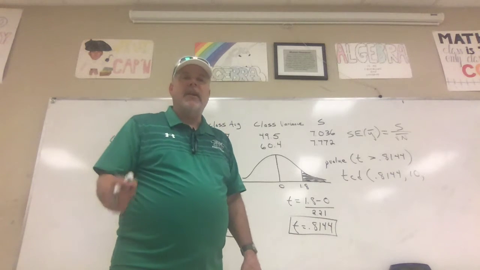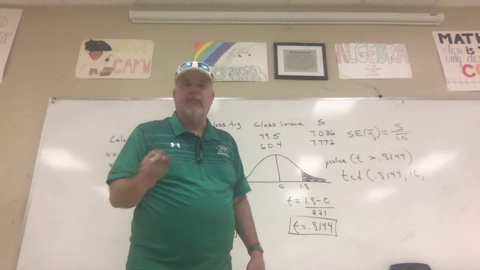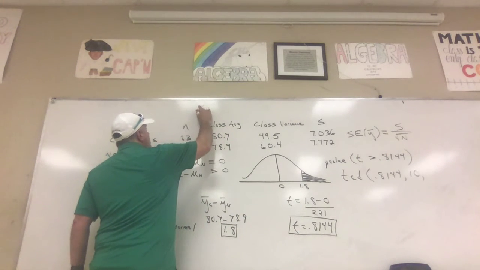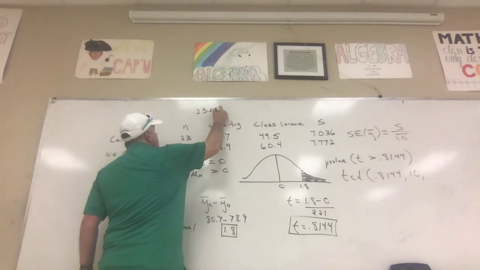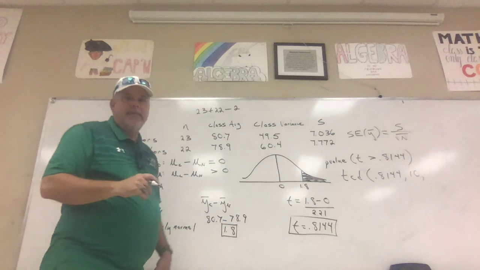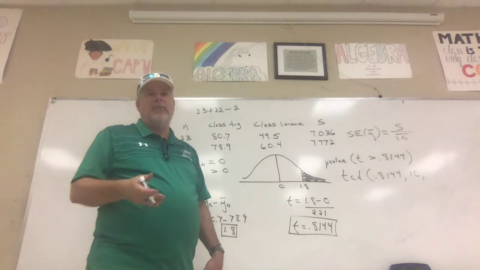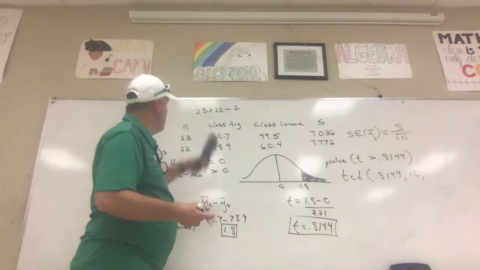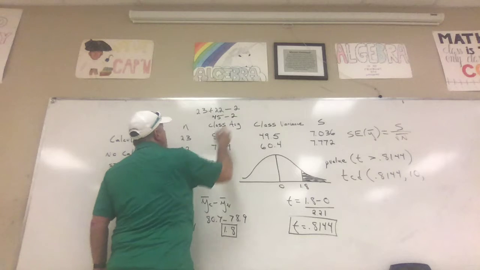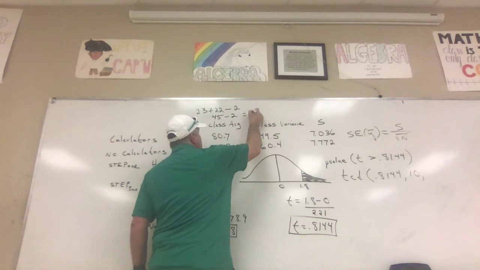Here is a shortcut, close way to find the degrees of freedom. It's 23 plus 22 minus 2. Instead of n minus 1, it's going to be n minus 1 plus n minus 1. So that is 45 minus 2, and that is 43.